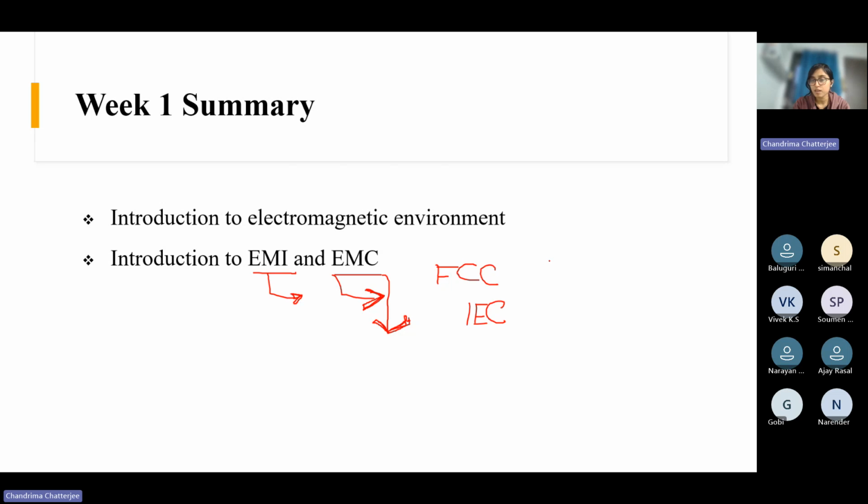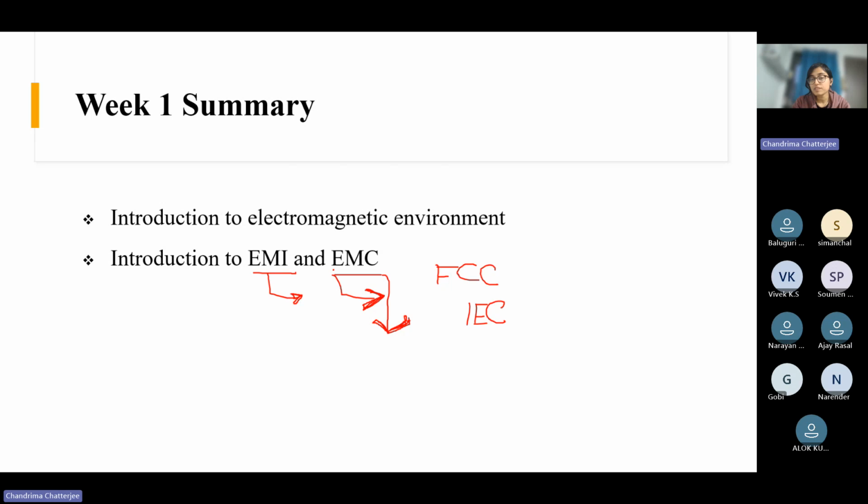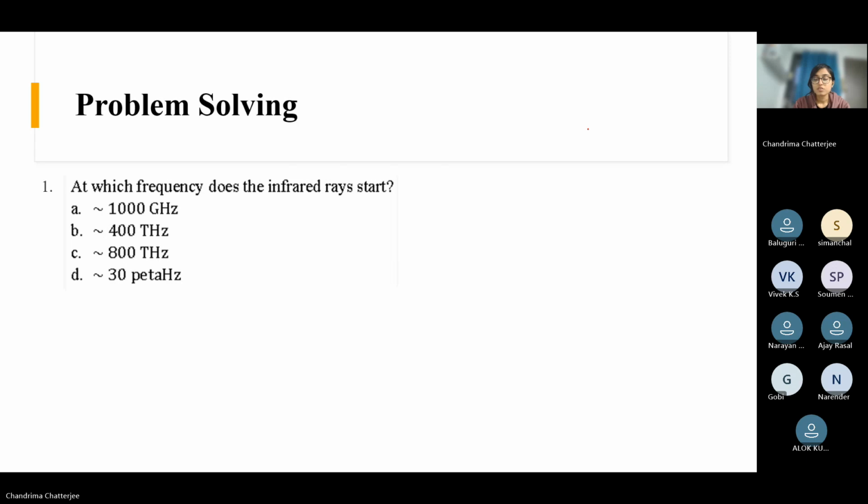Even if there is some emitter in the vicinity, it can operate as desired. It will not go haywire, okay. That is electromagnetic compatibility. So basically, even if there are disturbances, it can operate properly. It will not go bad. That is the point of EMC standards. Okay.